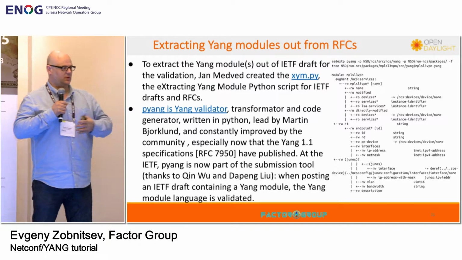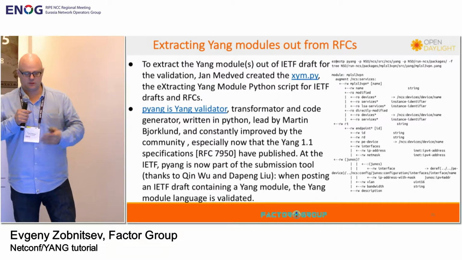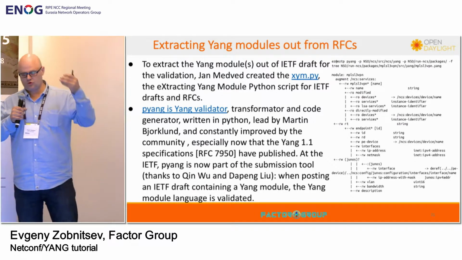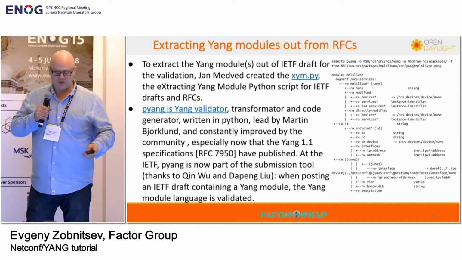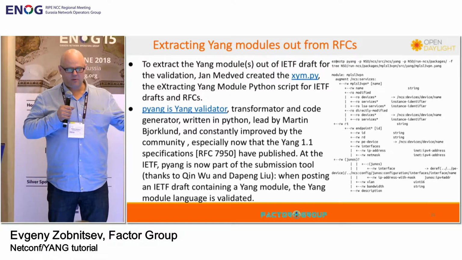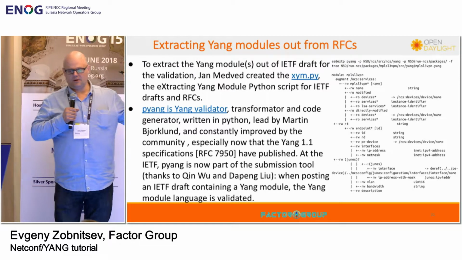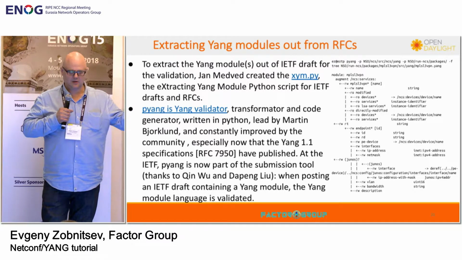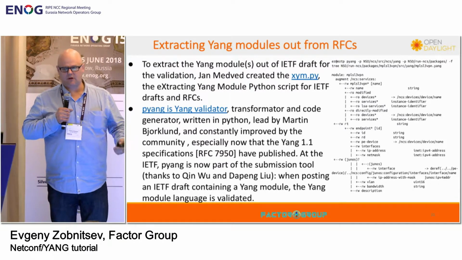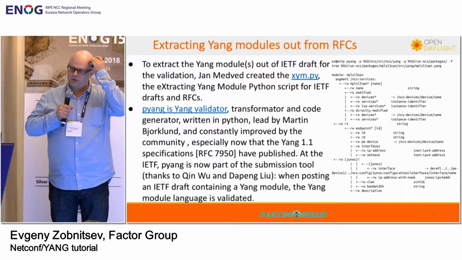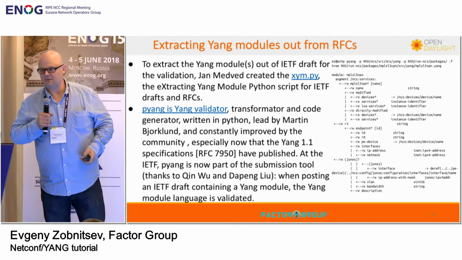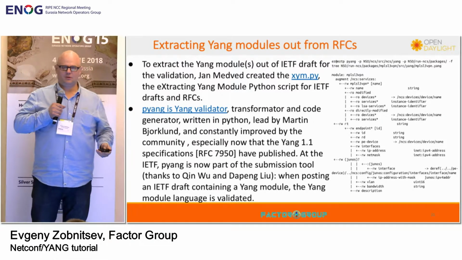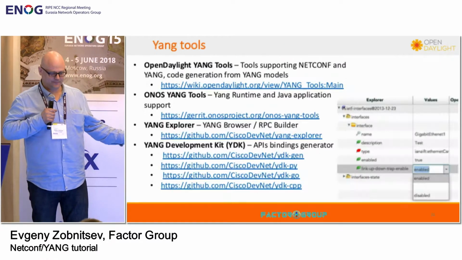You can take it, copy-paste and feed to the validator. But in order not to do it manually and to have a chance to check in a cyclic manner, there is SymPy, a product of IETF hackathons, to search for new ideas.